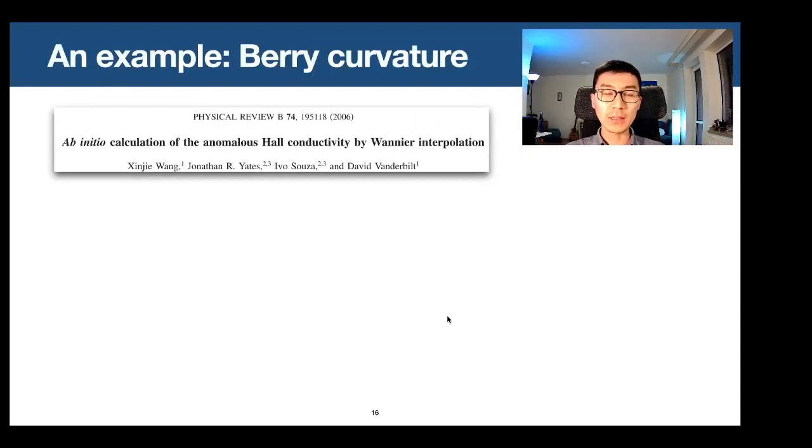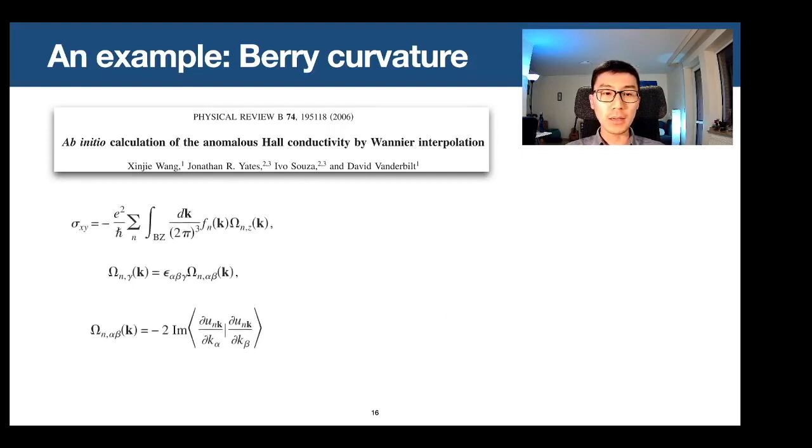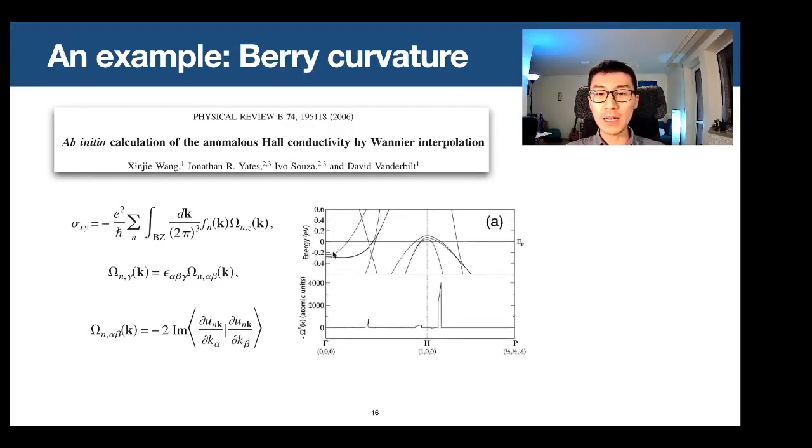One example is the evaluation of the Berry curvature, which was first explored by this paper. In order to calculate the anomalous Hall effect, you have to calculate the Berry curvature. For BCC iron, for example, the Berry curvature usually shows a very spiky behavior.